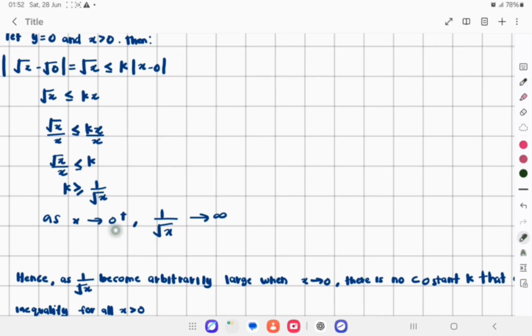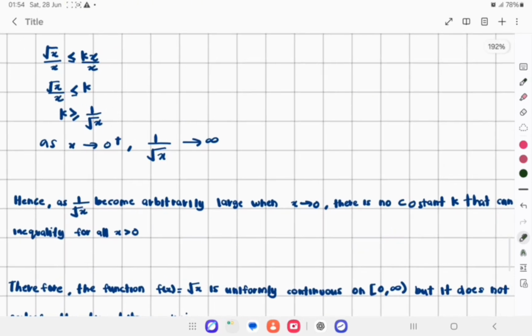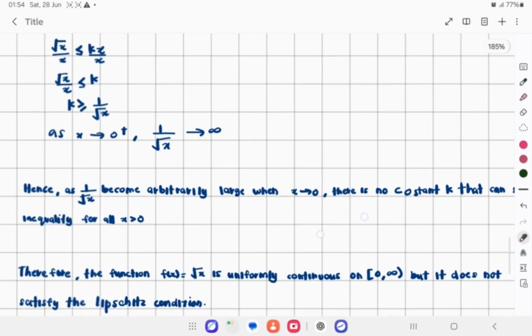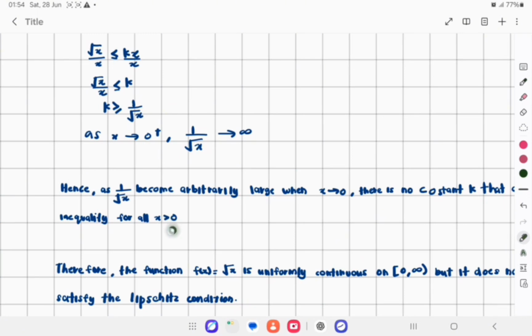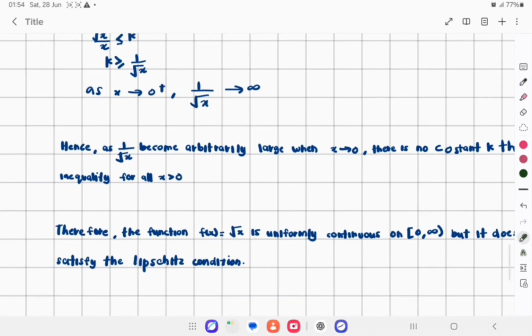As x goes to positive 0, 1 over square root of x goes to infinity. Hence, as 1 over square root of x becomes arbitrarily large when x goes to 0, there is no constant k that can satisfy the inequality for all x greater than 0. So, we conclude the function f(x) equals square root of x is uniformly continuous on the interval from 0 to infinity, closed at 0 and open at infinity, but it does not satisfy the Lipschitz condition.